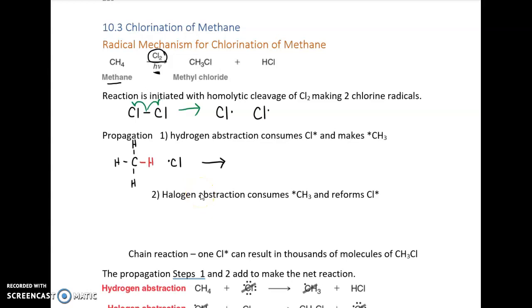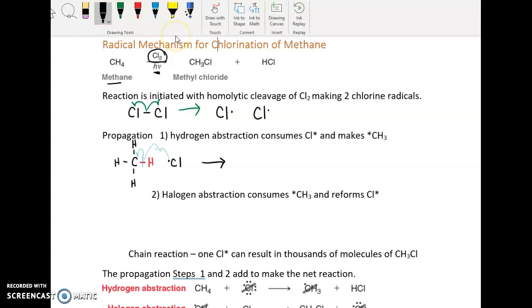So we're going to break the bond between the carbon and the hydrogen, and we're going to make a bond between the chlorine and the hydrogen. So one of these electrons in the bond between the carbon and the hydrogen is going to go back to the carbon. The other electron is going to form part of a new bond, and the electron attached to the chlorine is also going to be involved in that new bond.